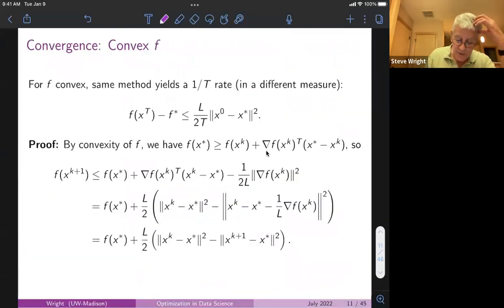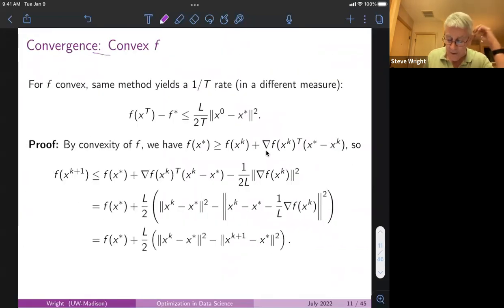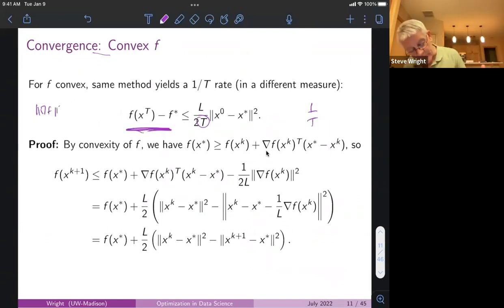Now, if in addition f is convex, we can say more. We actually get a faster convergence rate, 1 over t. We're using a different measure here. We're no longer using the gradient of f or gradient of f squared. We're using the difference in function value between f of xt and its optimal value f star.